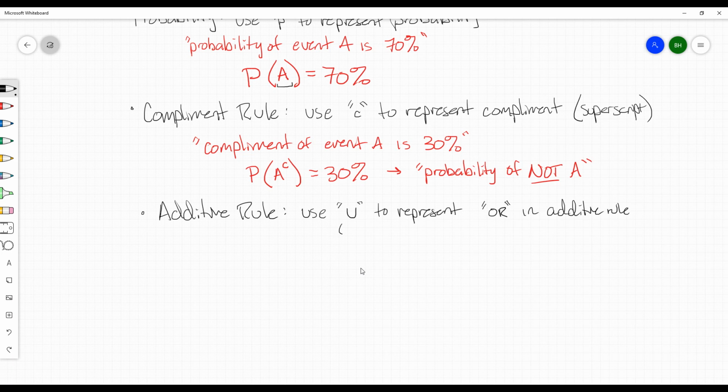The U here refers to the union of, and we'll talk about that later on. It's not a really big deal yet. However, you may see this eventually. The union or for the additive rule.